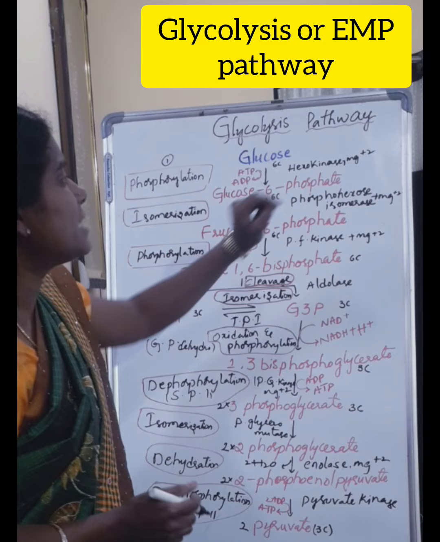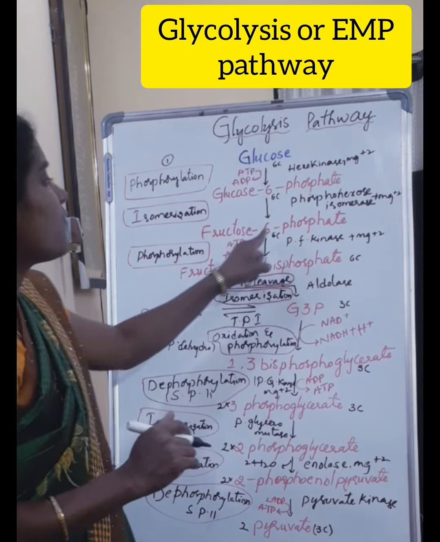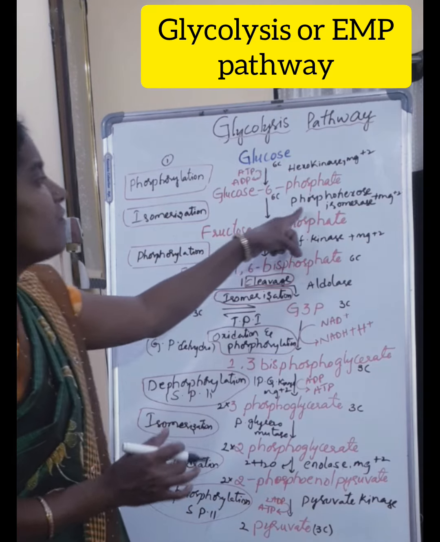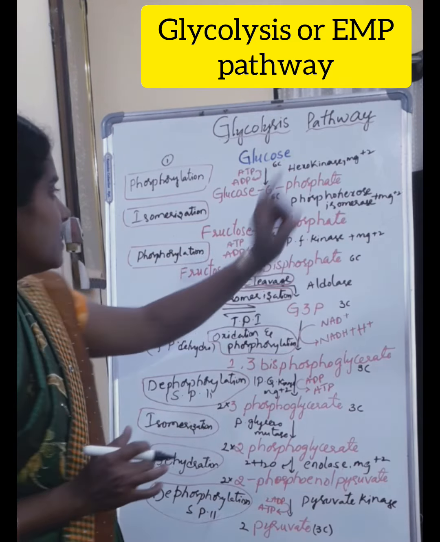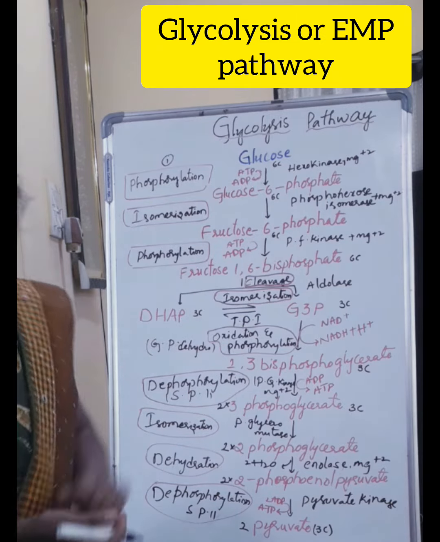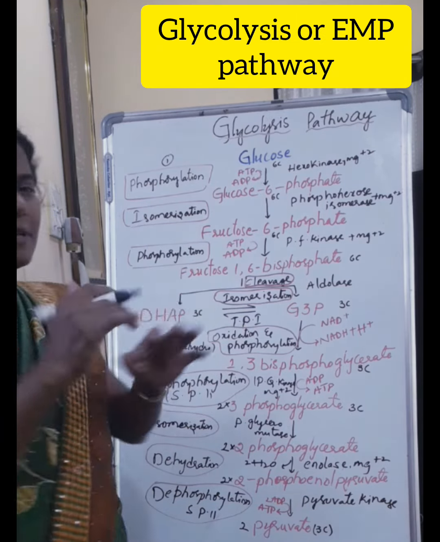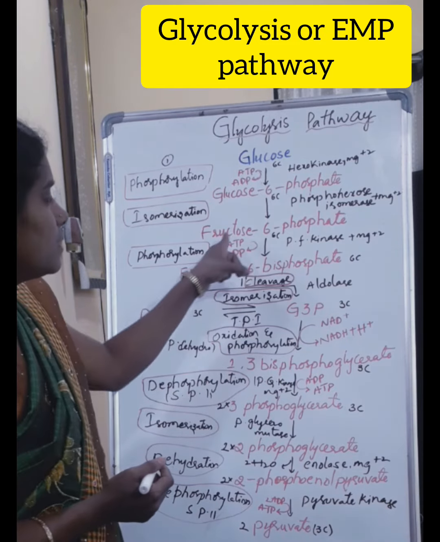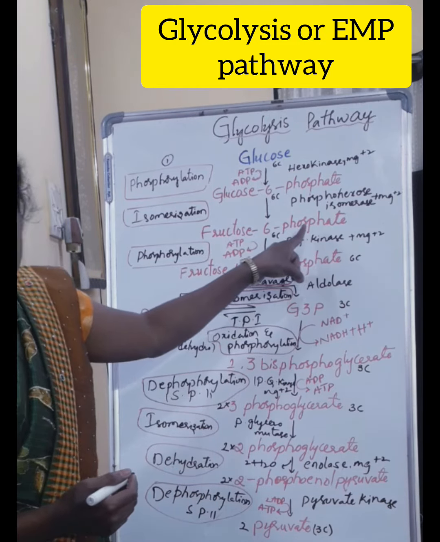Next, glucose 6-phosphate converts to fructose 6-phosphate. These two are isomers, with phosphohexose isomerase. It is also a 6-carbon compound. The process is isomerization, which is just changing the structure.